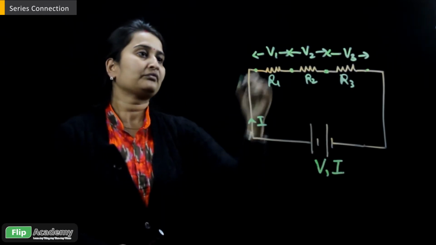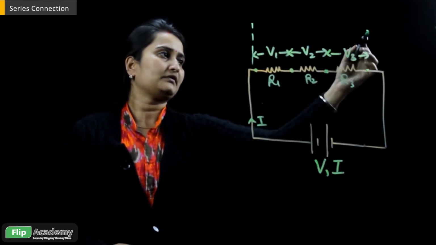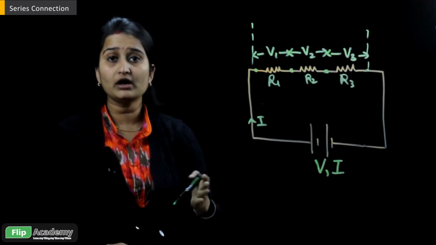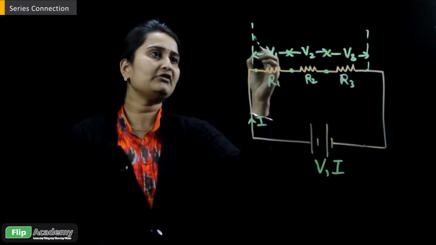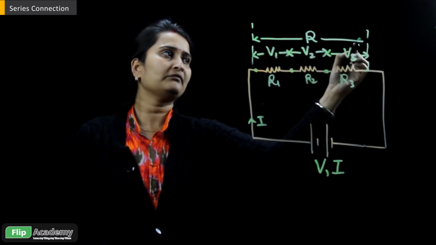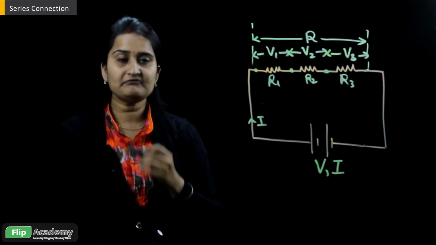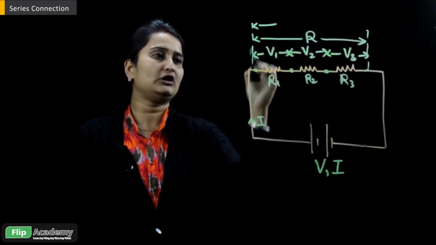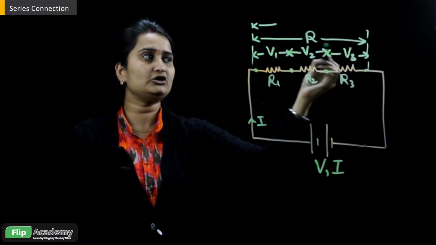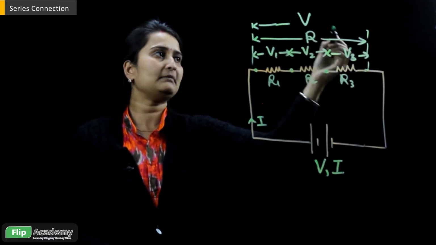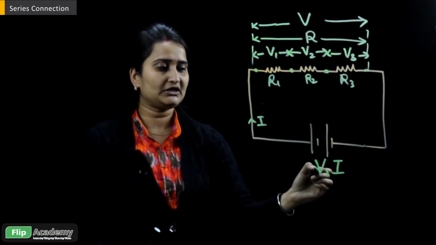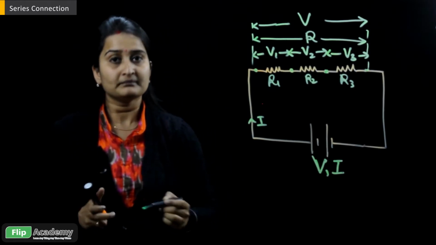Okay, now the total resistance. R1, R2, R3 are the three individual resistances. If we need to find out the total resistance, it will be denoted by capital R. And if we need to find out the total potential from this point to this point, it will become the summation of V1, V2 and V3, which is represented by capital V. Capital V is the same potential which we supplied from the battery.